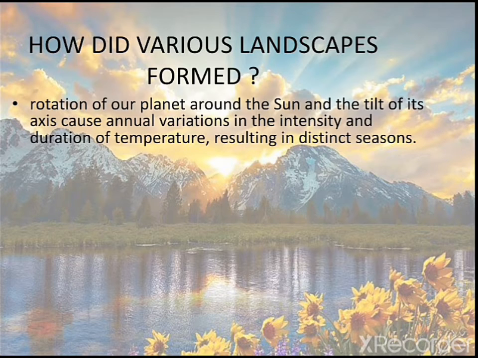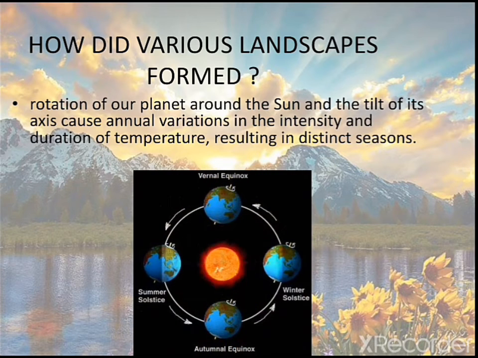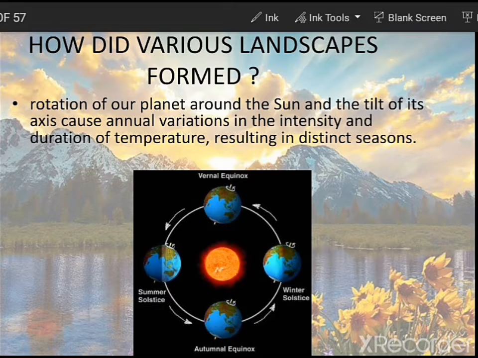Argument number one is related to Earth. We know that Earth rotates around itself, that is known as rotation, and also it revolves around the Sun. So our Earth shows rotation on its own axis, and it also revolves around the Sun. This rotation and revolution has resulted in the formation of distinct seasons.